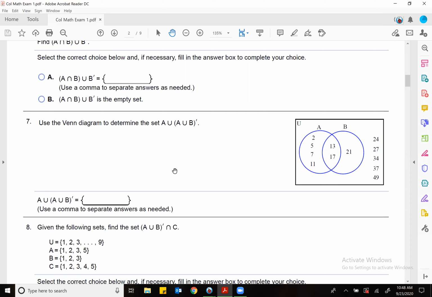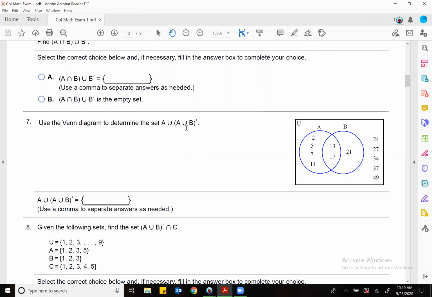Yes. Going through my order of operations. So inside the parentheses, do we have a complement? In here, no, because that complement right there is on the outside. So do we have a union or intersection? Which one do we have? Is this a union or an intersection?